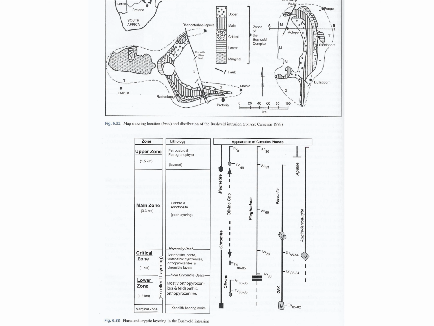So now we have here the next diagram, the appearance of the cumulus phases. Here we have the change in chemistry from the olivine forsterite 0 to forsterite 48, and we have an olivine gap.